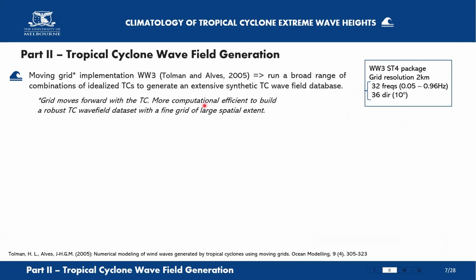This moving grid approach was a more computationally efficient method to have a fine grid of a large spatial extent to cover all the storm track. Regarding the WaveWatch 3 configuration, we use the ST4 package with a grid resolution of 2 kilometers, 32 frequencies, and 36 directions.